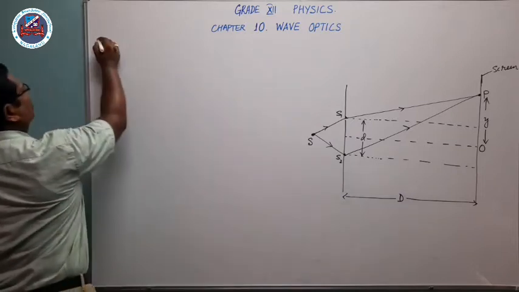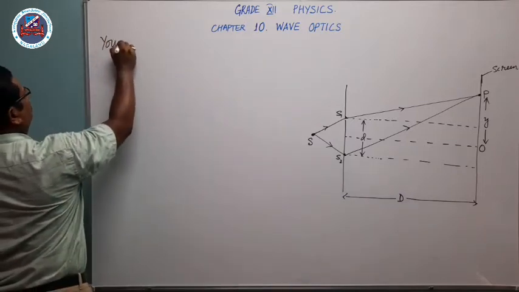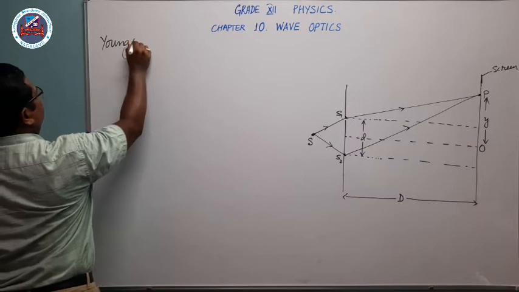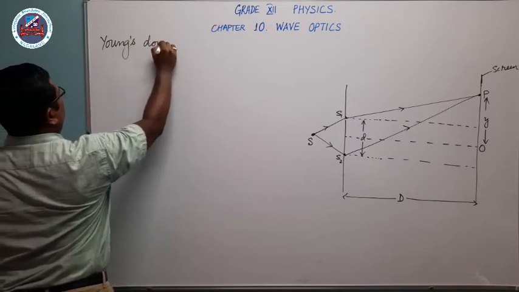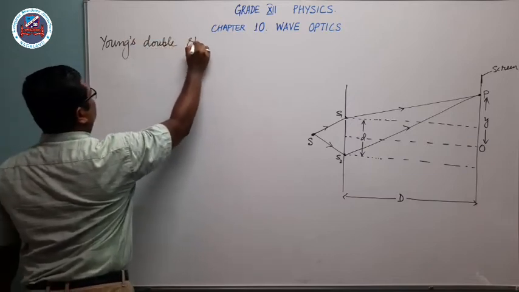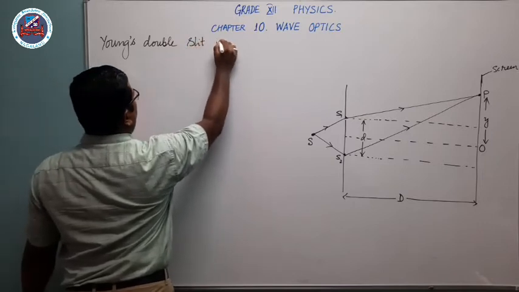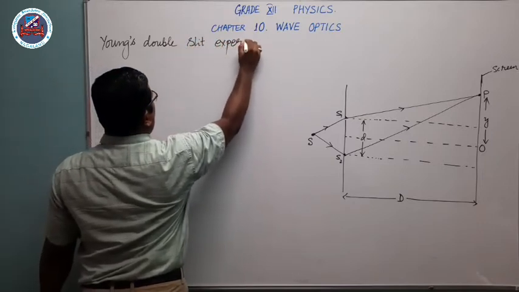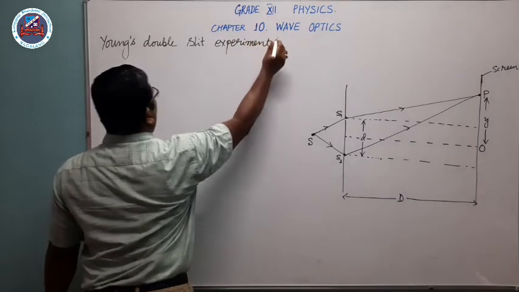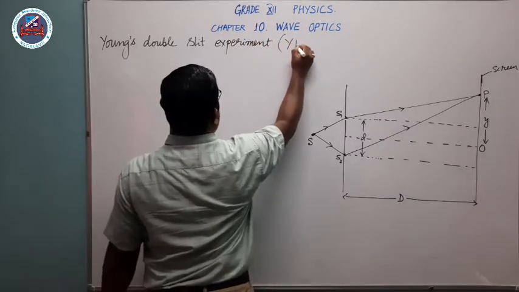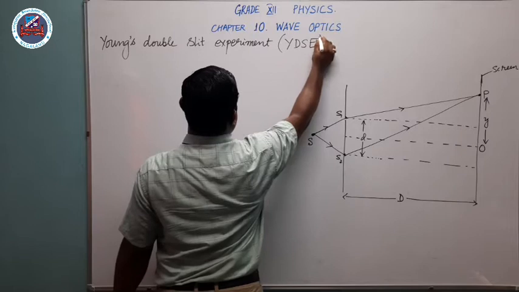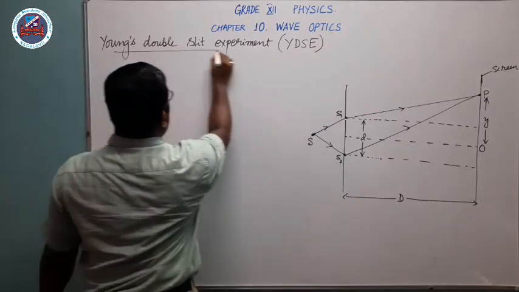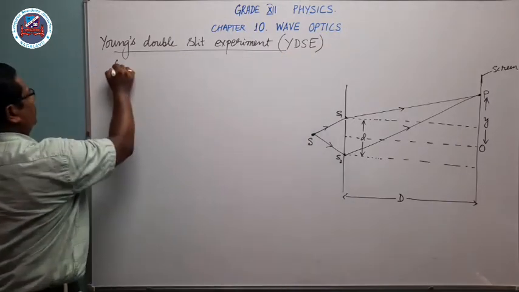This is your Young's double slit experiment. More popularly, we write it as YDSE in short. We'll start like this.